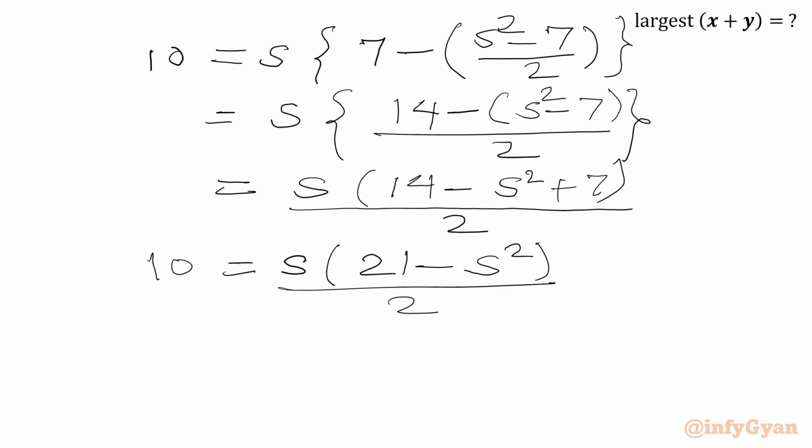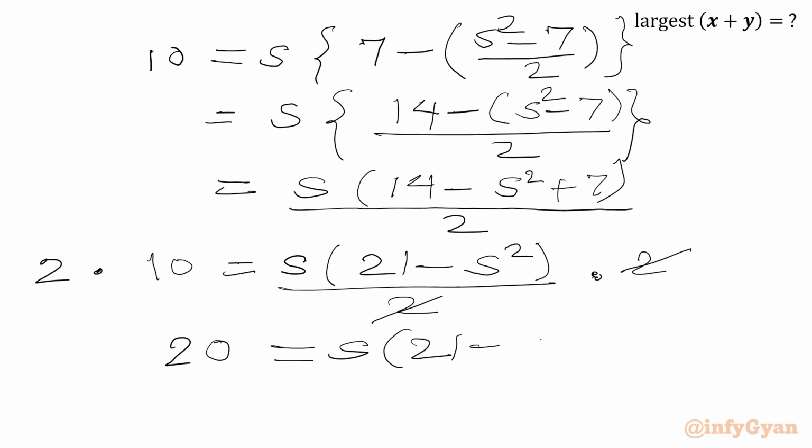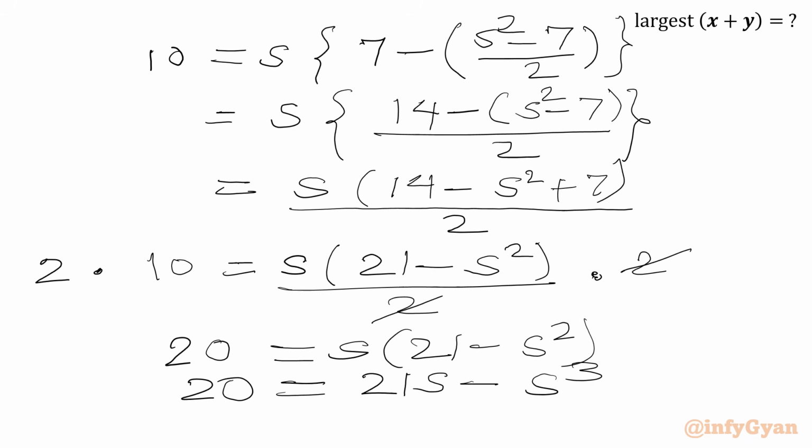Now we will multiply our equation by 2 on both sides so that the RHS denominator will be over. So LHS will become 20. RHS is S times 21 minus S square, or I can write 21S minus S cube. This is equal to 20.